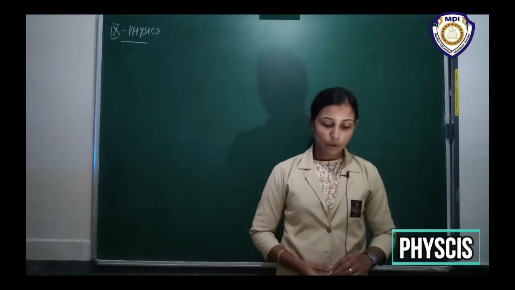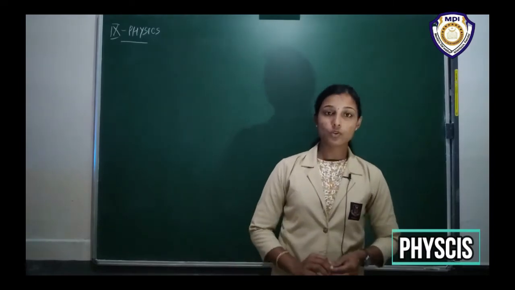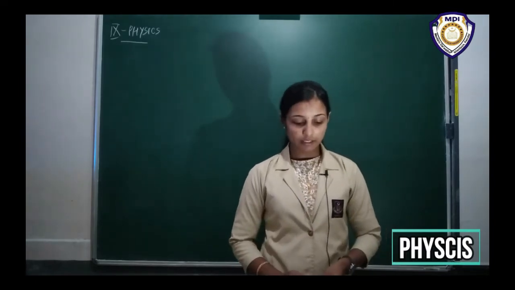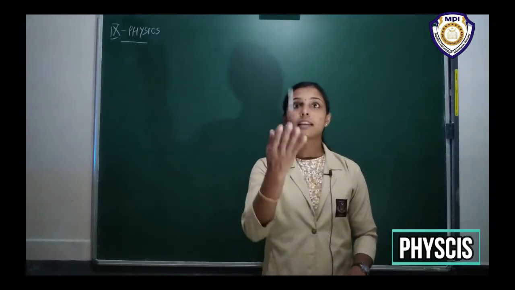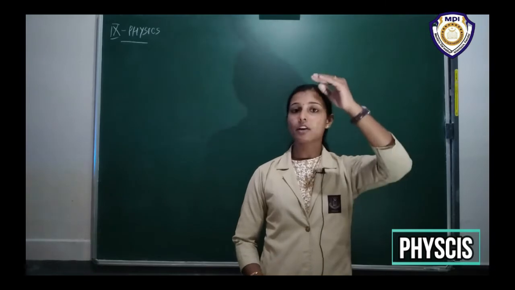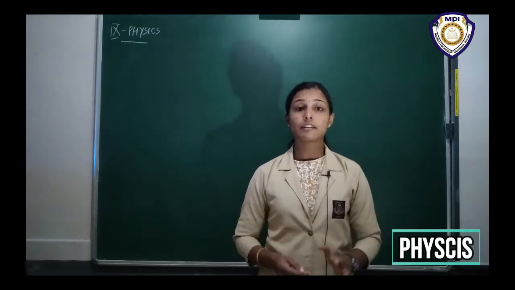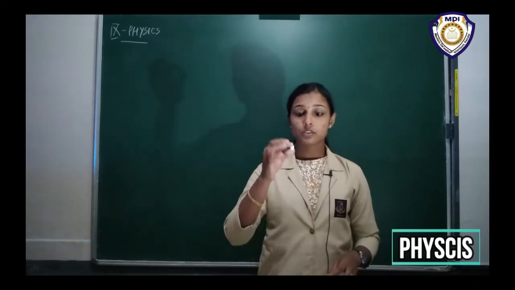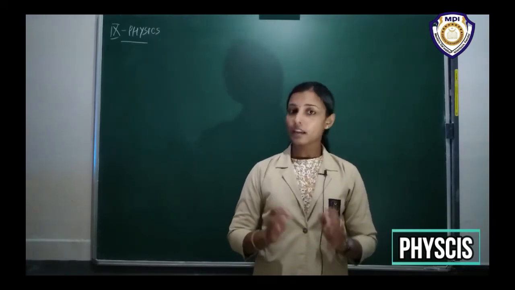So whenever an object falls towards the earth under this force alone, we say that the object is in free fall. When I throw this chalk piece upward, it reaches some height and then falls down by itself. That means the only force acting on it is gravitational force.